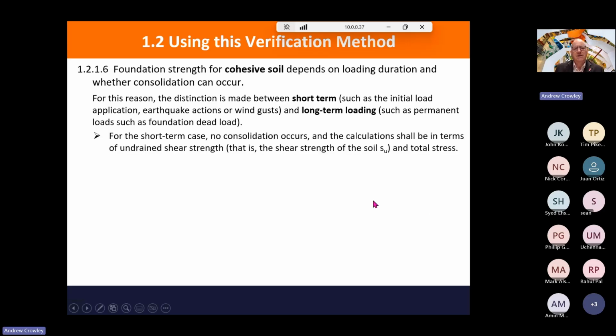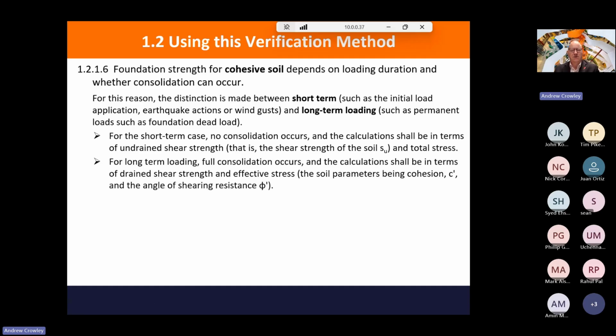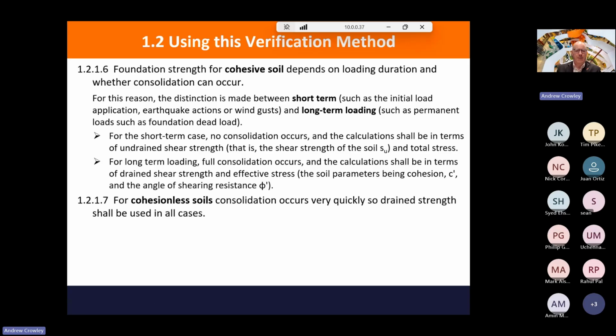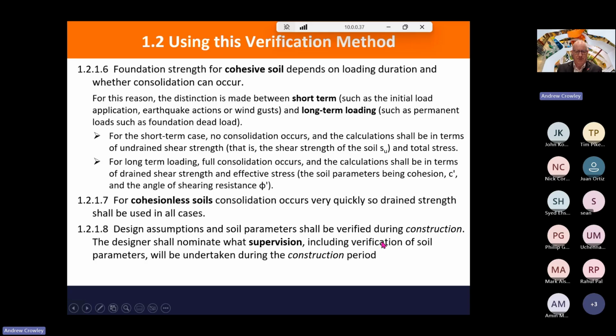So for short-term loading, no consolidation occurs, and the calculation is in terms of undrained shear strength and total stress. For long-term, we assume it's drained, and then we look in terms of effective stress and the effective angle of shearing resistance. For cohesionless soils, that's like our sands and gravels, then consolidation occurs very quickly, so we just look at the drained strength in all cases.